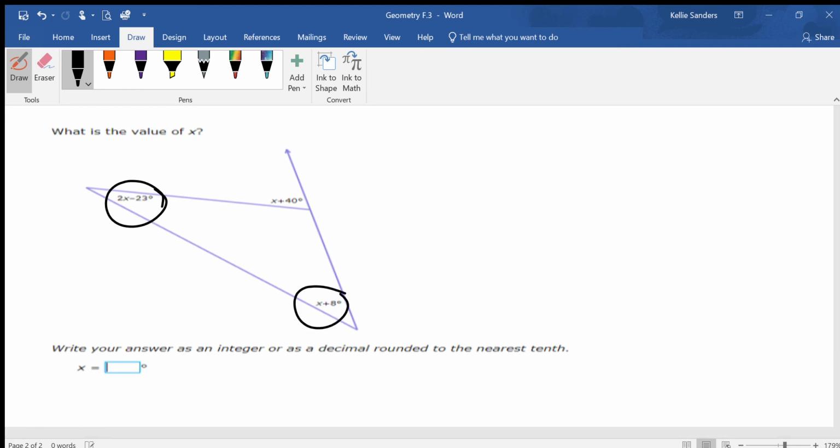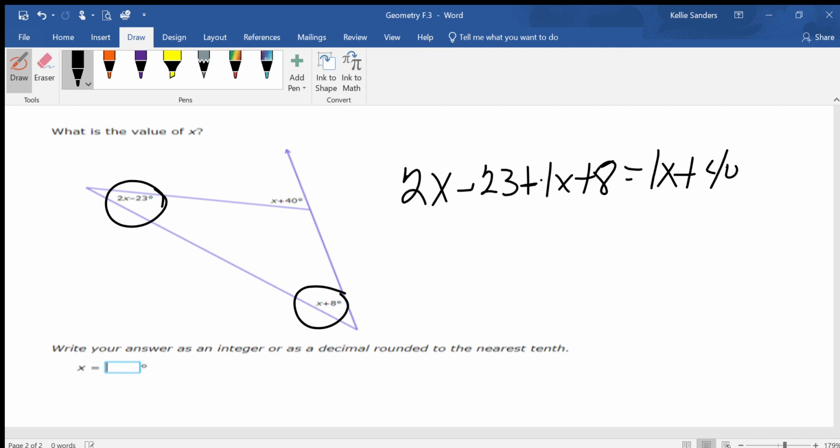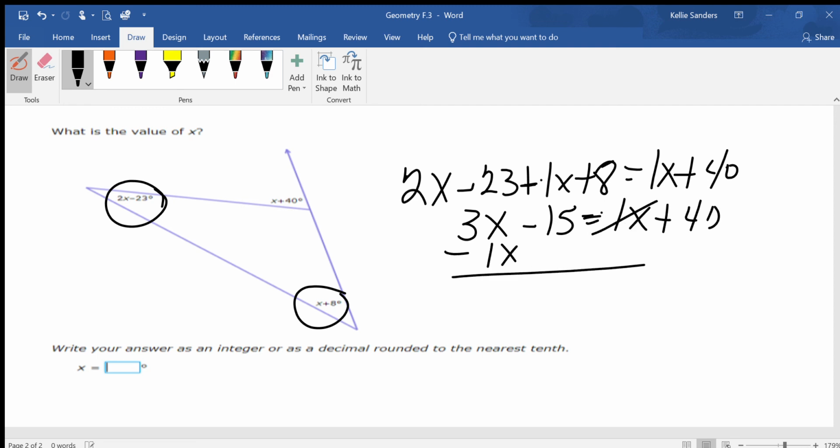Inside, inside. So 2x minus 23 plus 1x plus 8 equals 1x plus 40. 3x minus 15 equals 1x plus 40. Subtract the 1x.